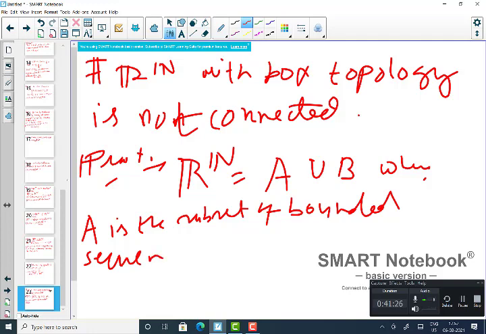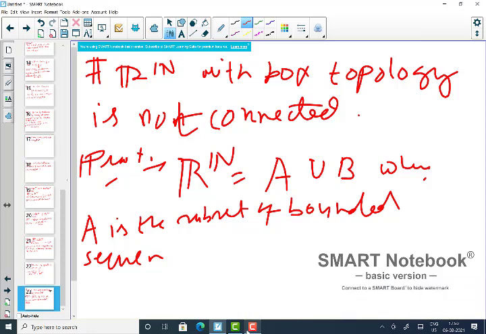See, elements of R infinity are kind of sequences, right? Bounded sequence means there exists a natural number n such that all the elements of the sequence are inside that bound. So bounded sequences are those sequences which are bounded by some real number, right?